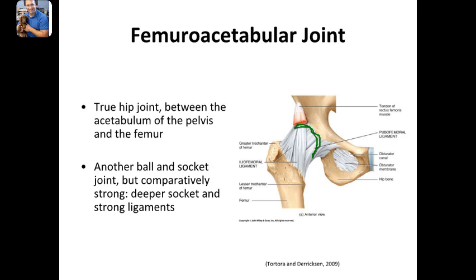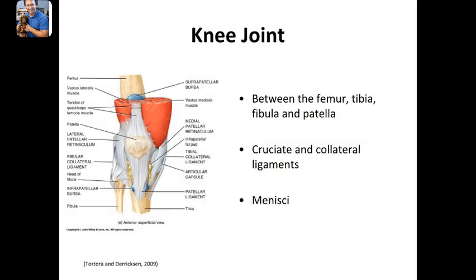And here we've got the knee joint with the distal femur and the proximal tibia, fibula, patella, quadriceps tendon, patellar tendon. You might have heard of cruciate ligaments, or ACL, PCL tears in football and other sports. Cruciate means cross, so those ligaments cross and hold together the knee, essentially internally.